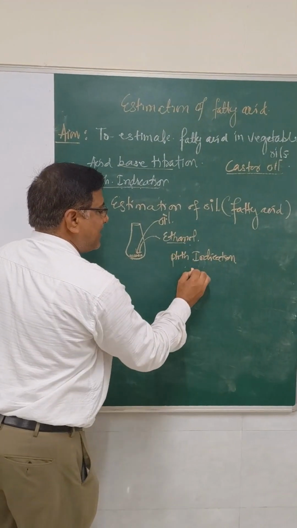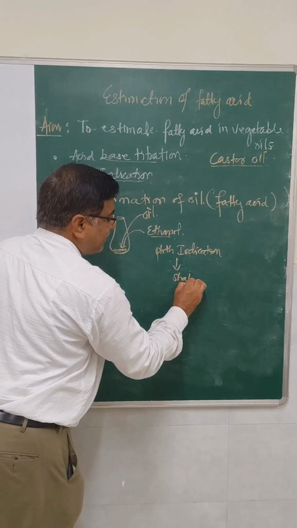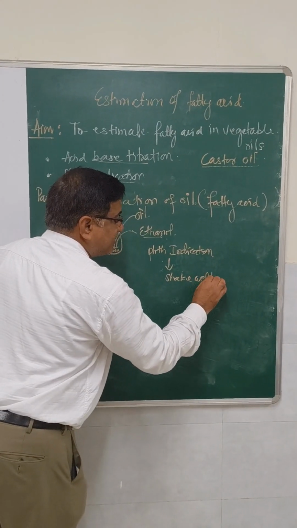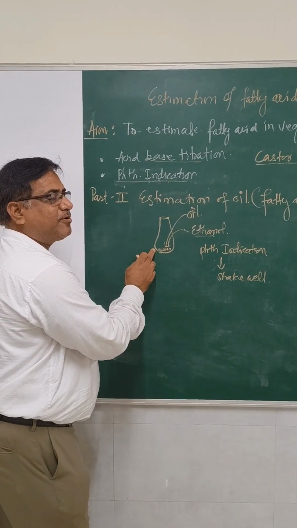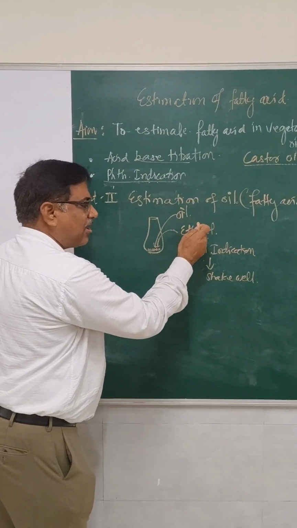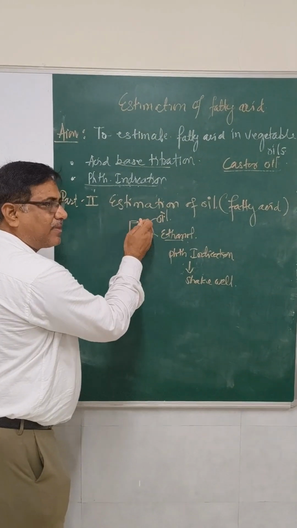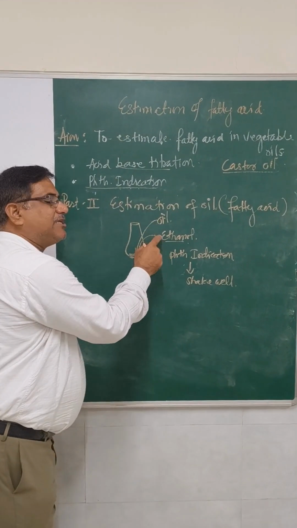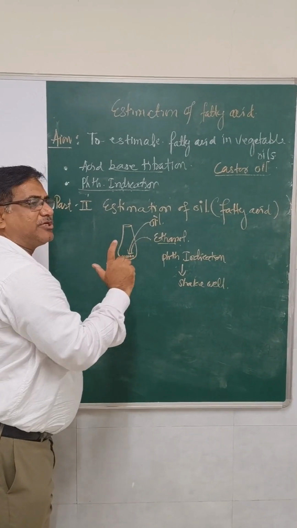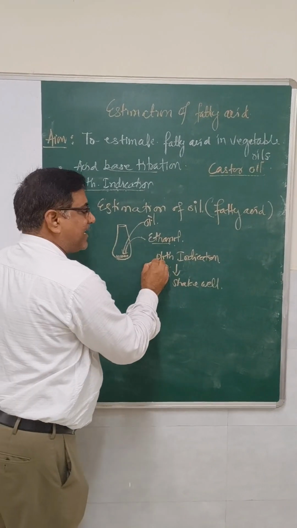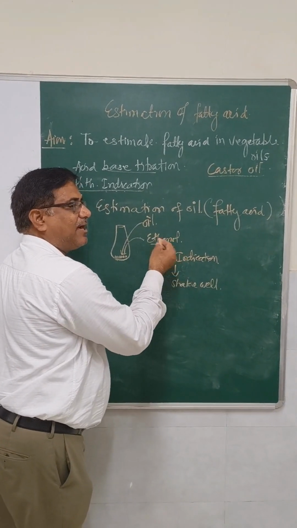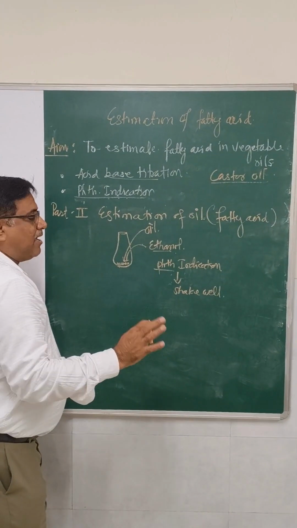So again here shake well, because there is a reaction that takes place between the ethanol and this oil. So this oil gets dissolved in ethanol. A clear solution is obtained, and indicator is there. In acid, indicator is colorless.